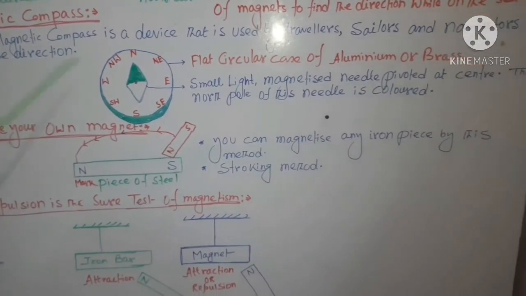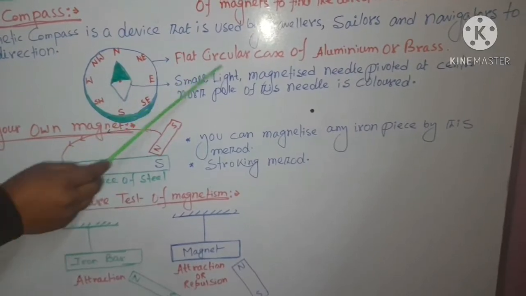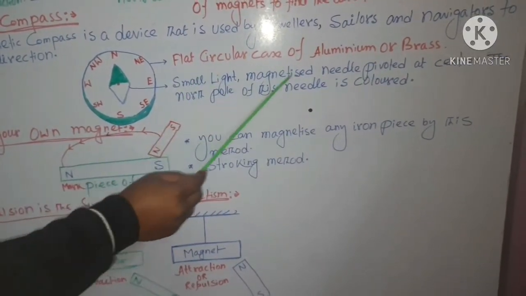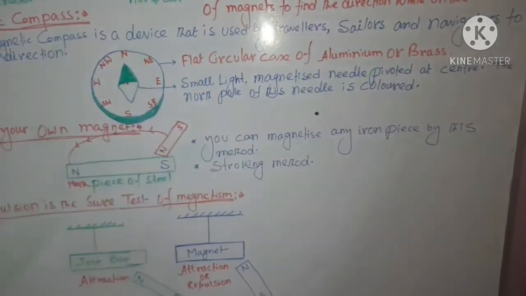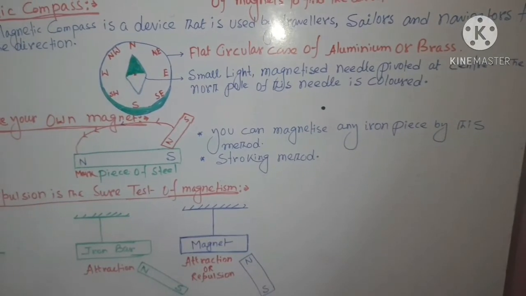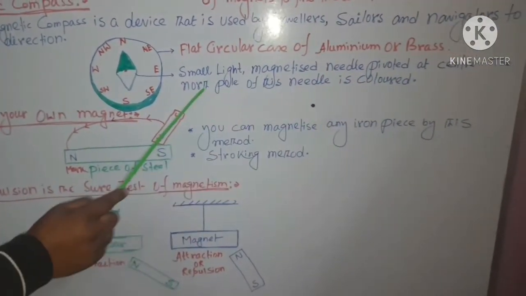At the center of the circular case, a small light magnetized needle is pivoted. This magnetized needle has a special characteristic: the north pole of this needle is colored.